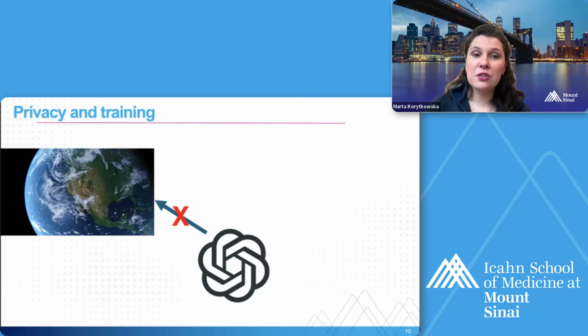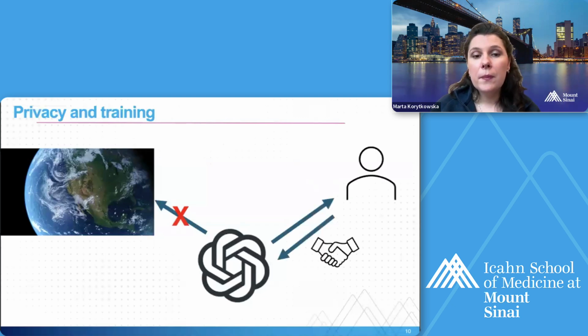In enterprise versions, there are stricter agreements. So we don't want that information going out. But there is a positive to training, and that is only within your instance. So when I log in as myself into my instance of ChatGPT, that model gets to know me and gets to know the type of corrections I've been giving it and the type of responses that I will require.